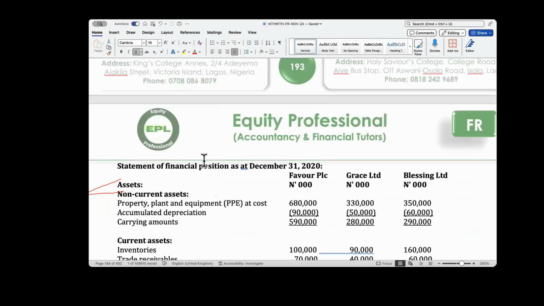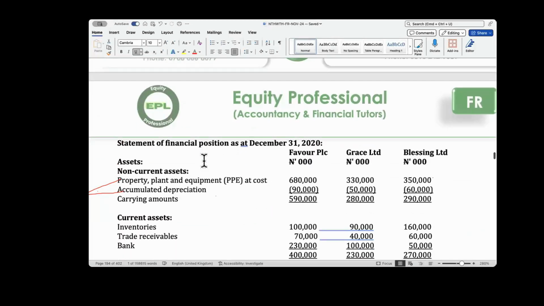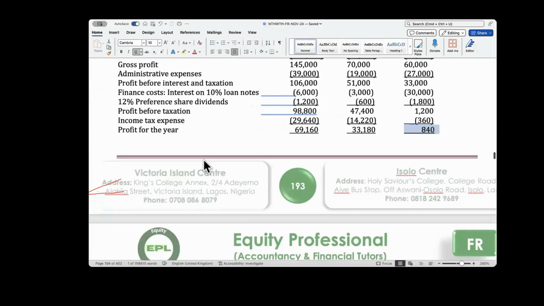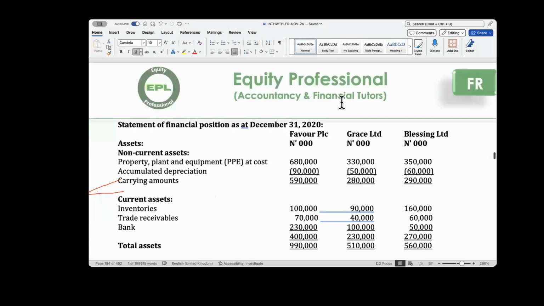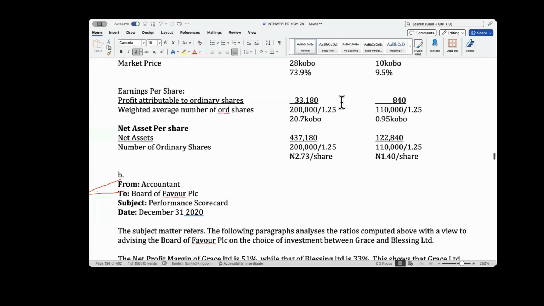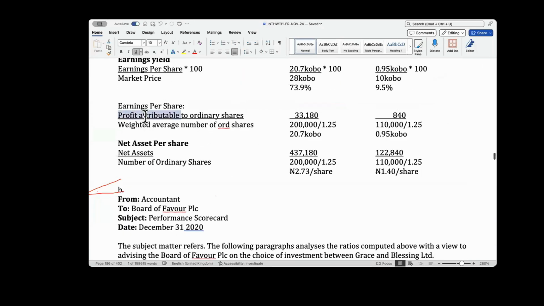That means that if in this question they give you a statement of changes in equity, and in it there is a preference dividend that hasn't been removed from here, you need to remove it so that you get only the profits that are due to ordinary shares alone. So that is the whole idea around the profit attributable to ordinary shares. Thank you, sir.